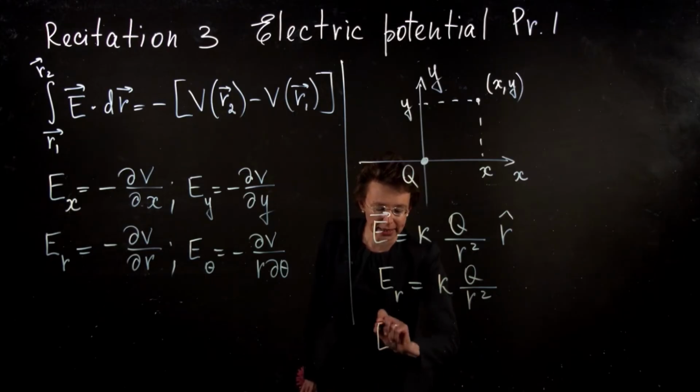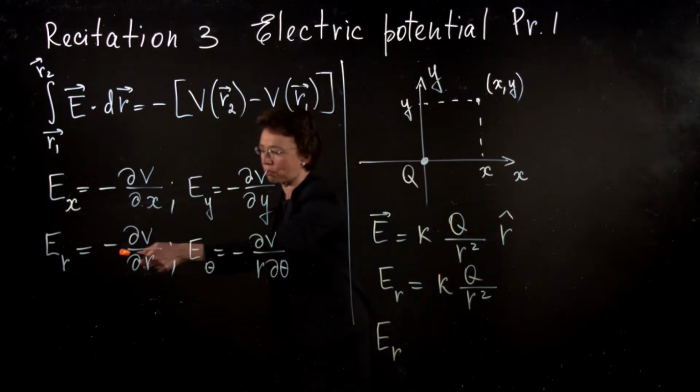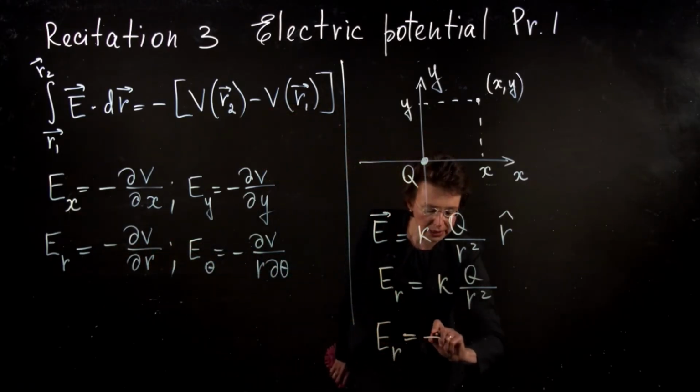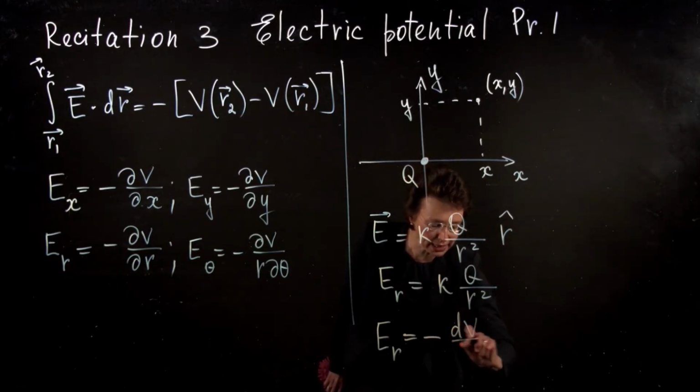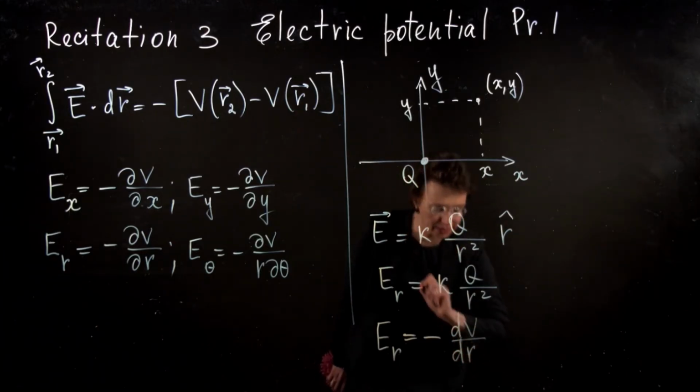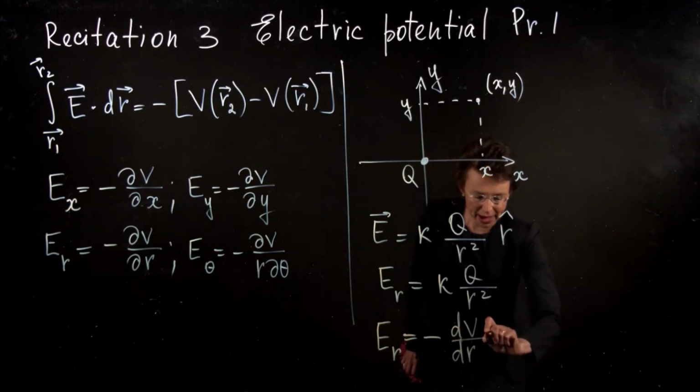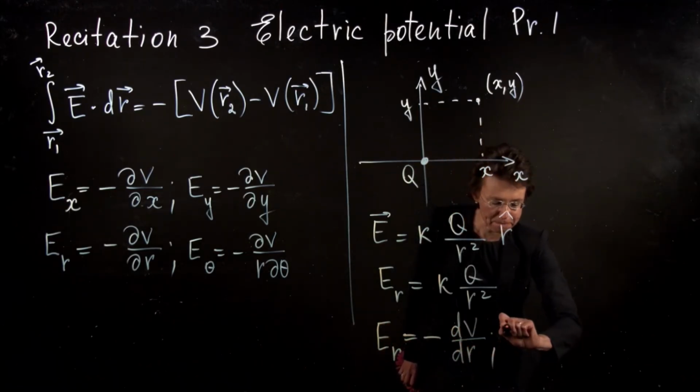I can write Er using this formula as minus dV dr. And if I have this, then what is V?